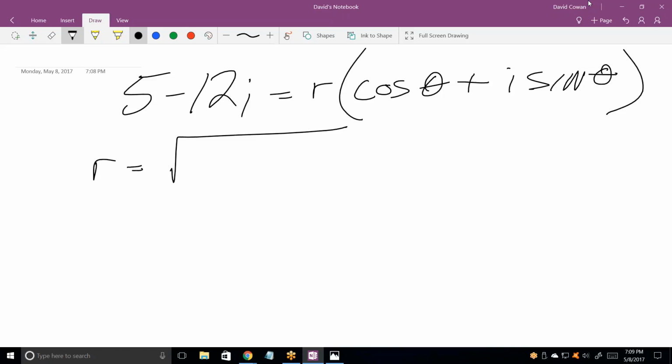R is the square root of 5 squared plus minus 12 squared.